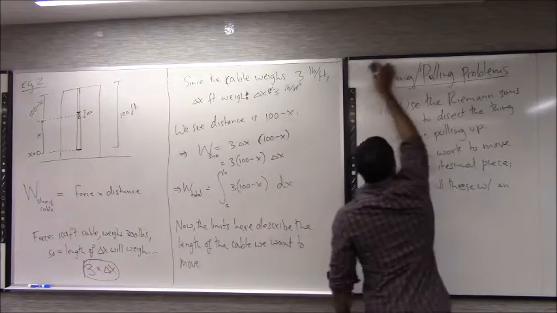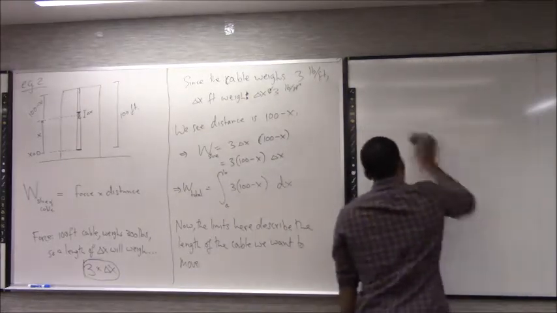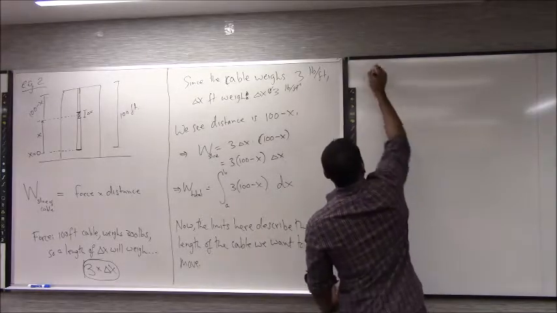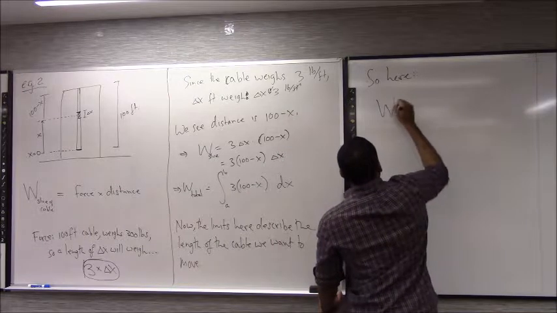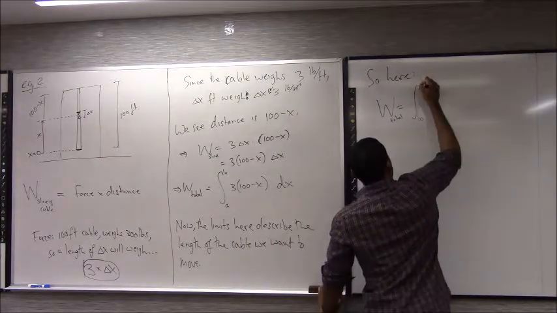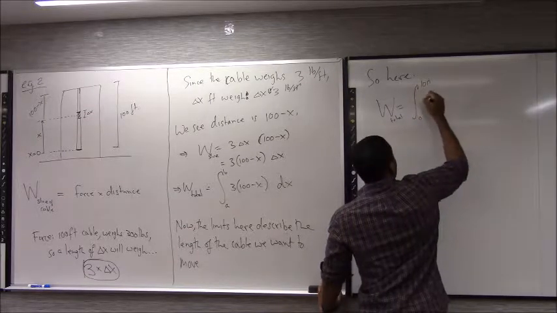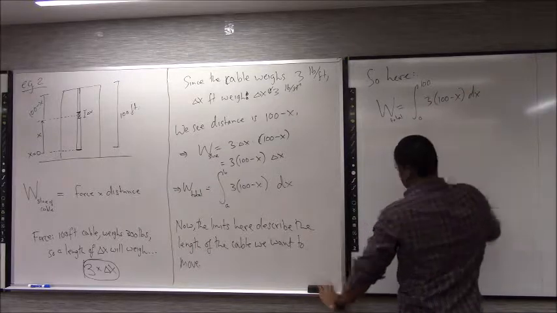And so here, the total work will be the integral from 0 to 100 of 3 times 100 minus x dx.